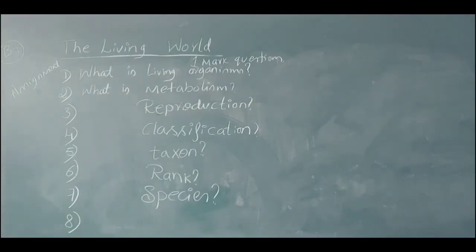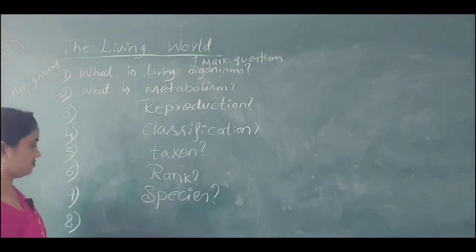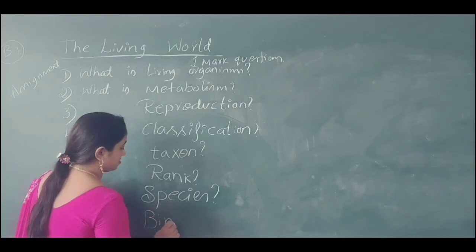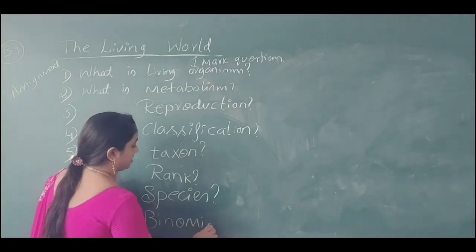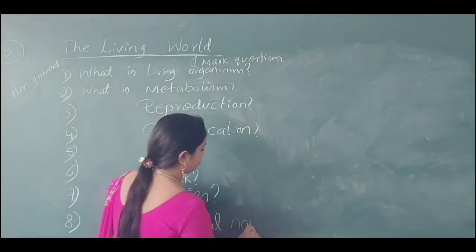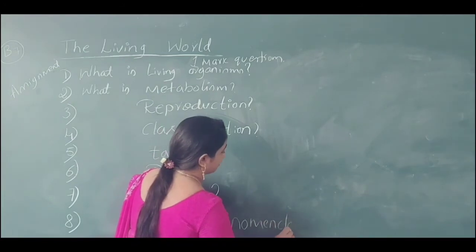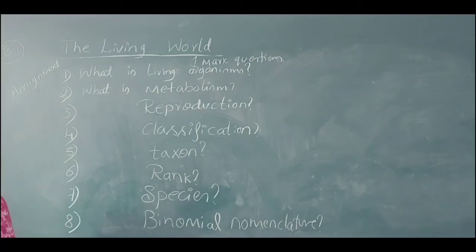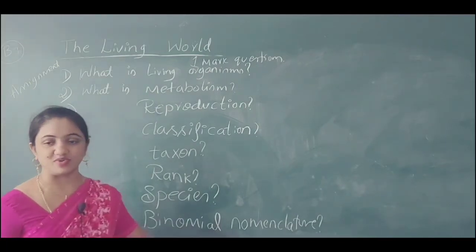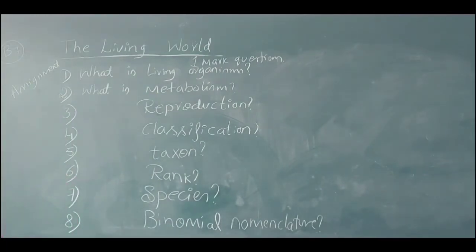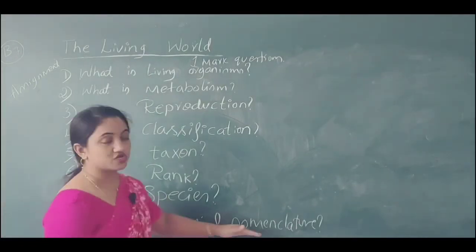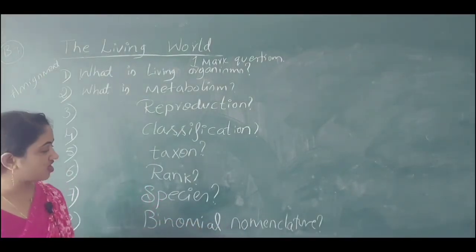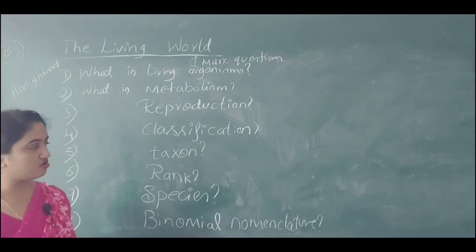After species, classification, taxon, rank, species, what is binomial nomenclature? You have to write only the definition, my dear students. No need to write the rules of nomenclature. Only write the definition of it.